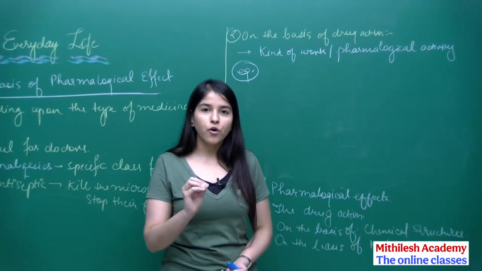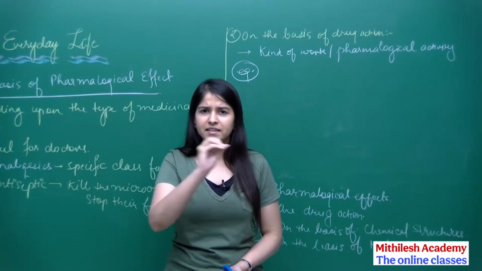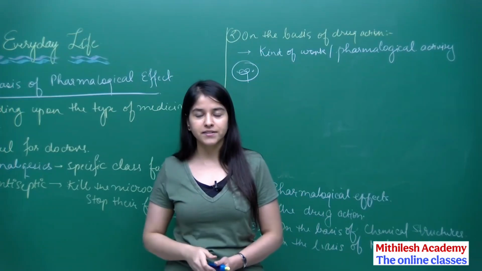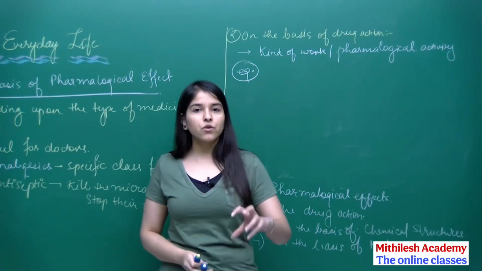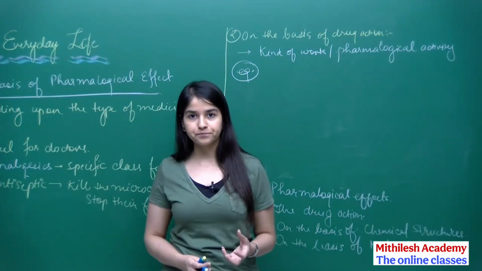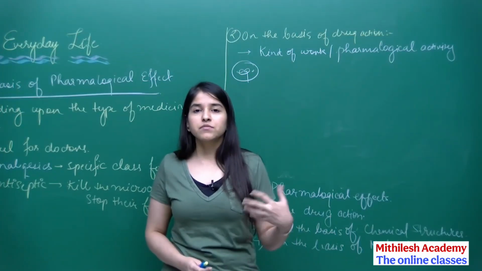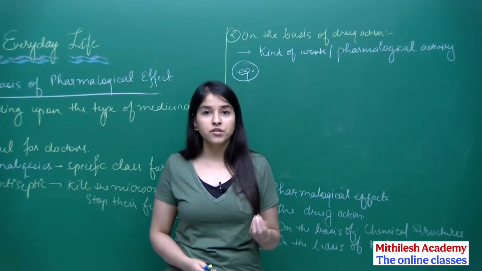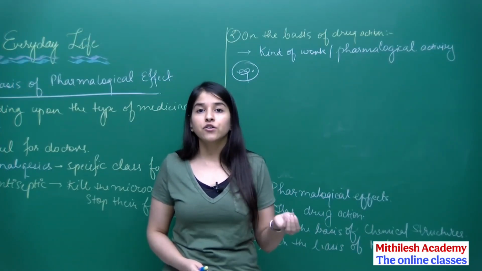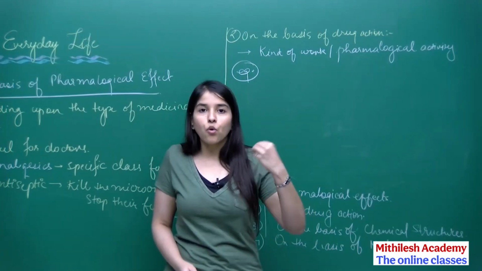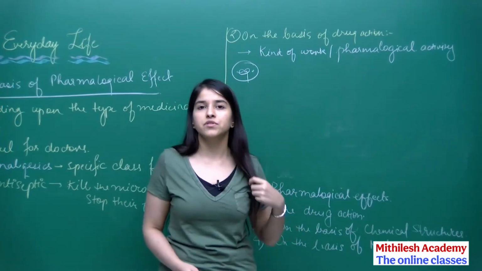So the body releases the chemicals, and then the chemicals act against all those dust particles. Sometimes these chemicals are over-released within our body. That means sometimes a human being is coughing so much, or sneezing so much. So basically there is an over-release of these chemical enzymes.